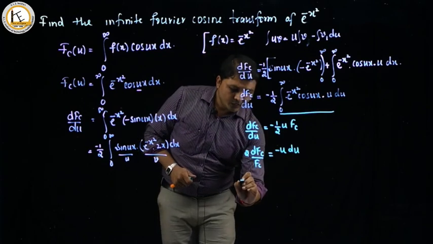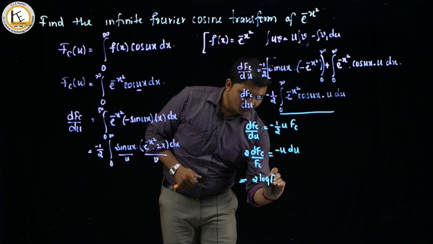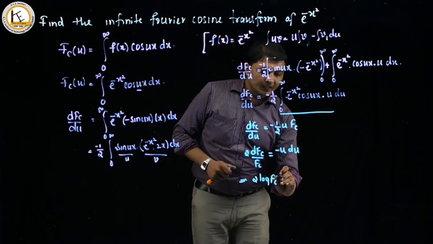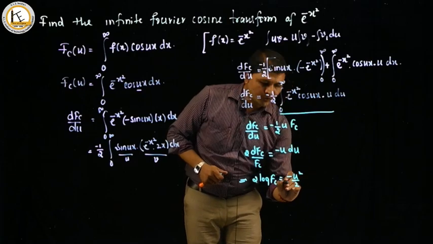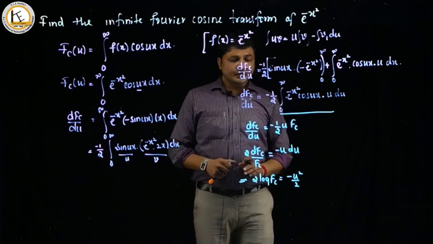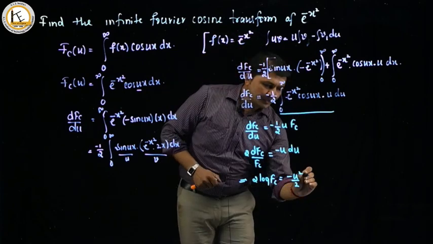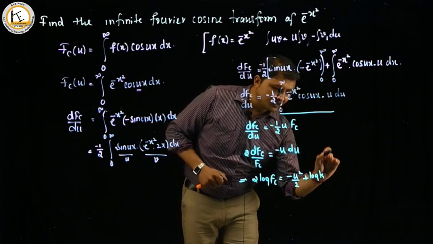Now evaluating the integral, we have 2 times log of fc is equal to minus u square by 2. The intention is to get fc, therefore we separate the variables and integrate, plus some constant log of k here.